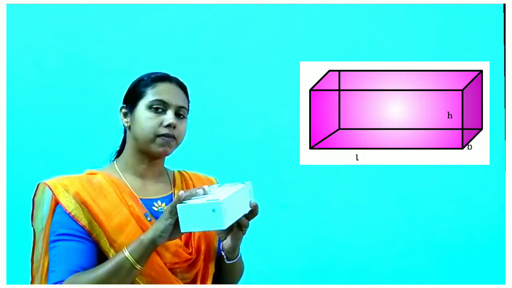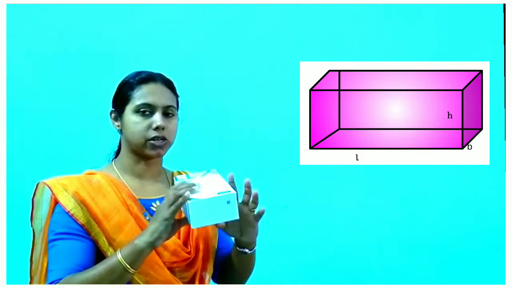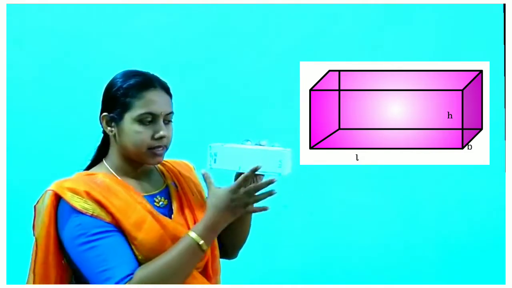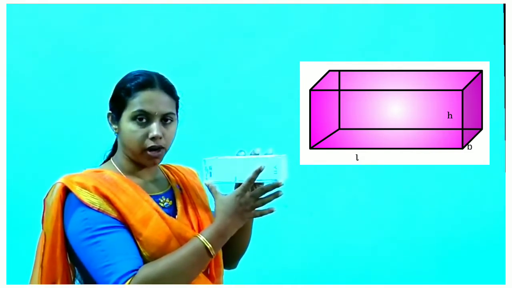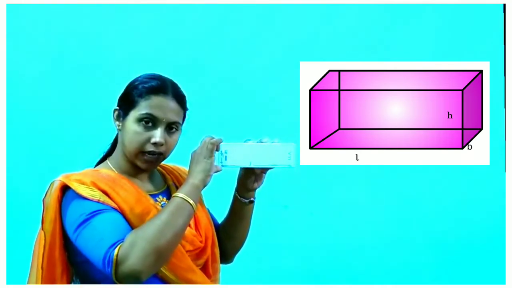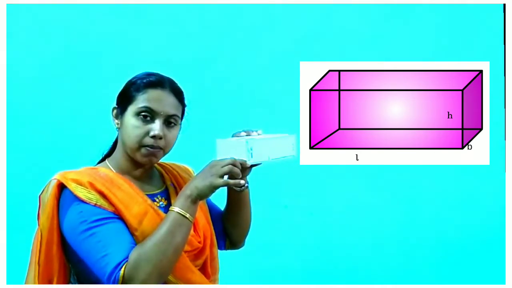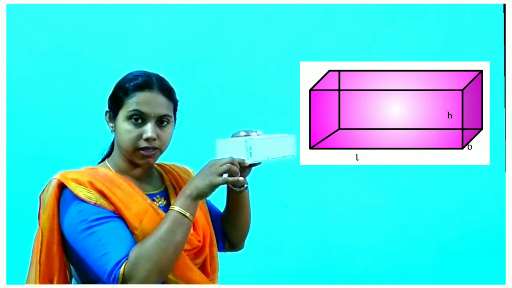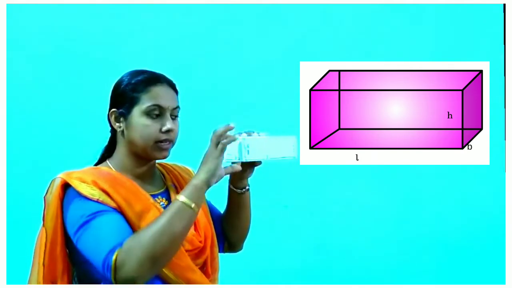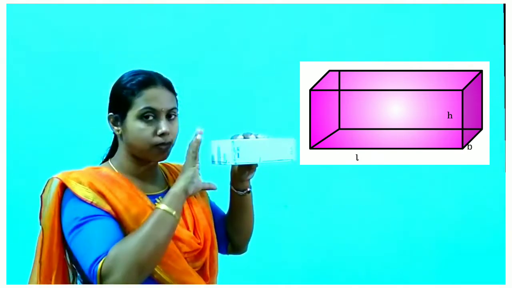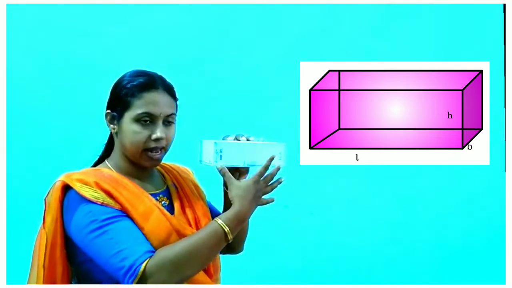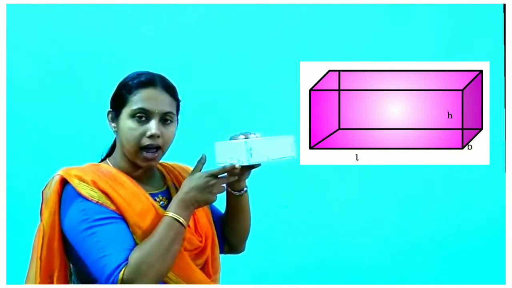We studied that already, in 9th standard. Anyway, let us recall. Suppose this is the length of the cuboid, this is the height of the cuboid, and this is the breadth of the cuboid. Length, breadth, height. It's a cuboidal box.